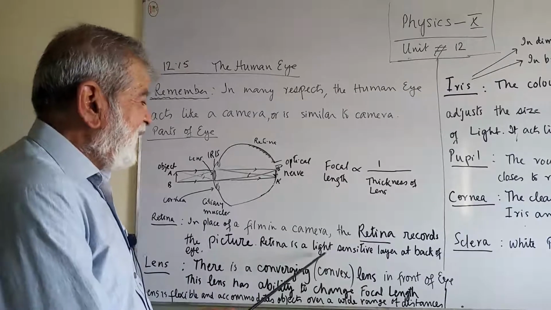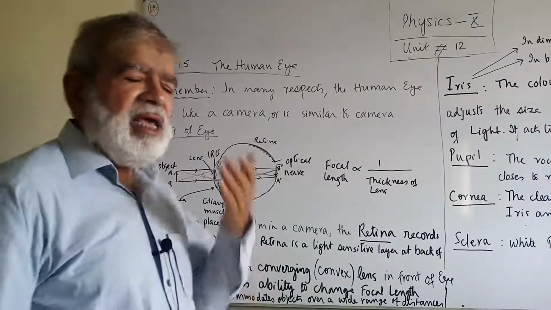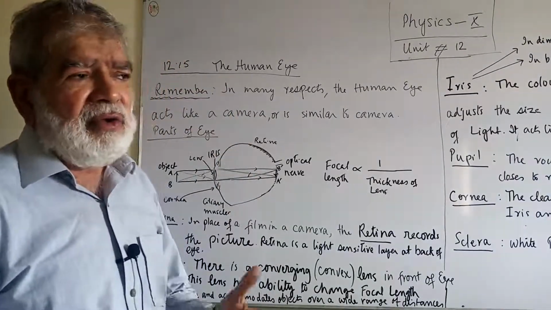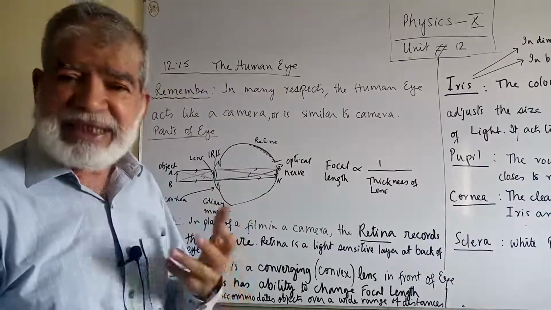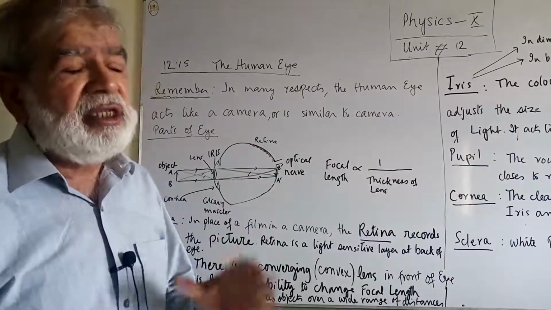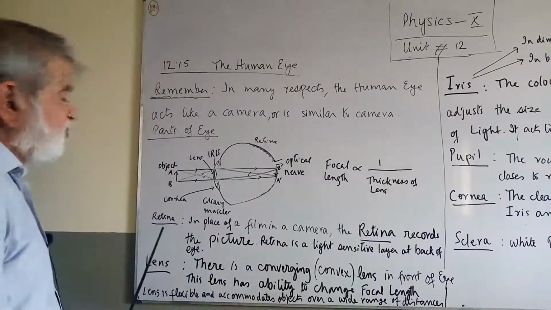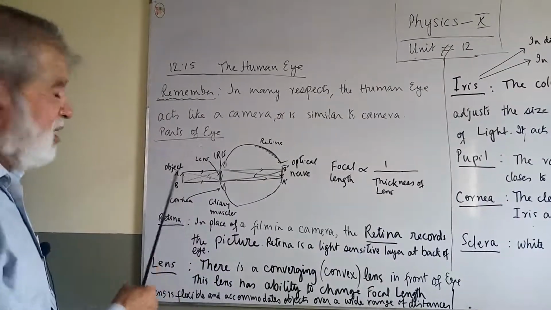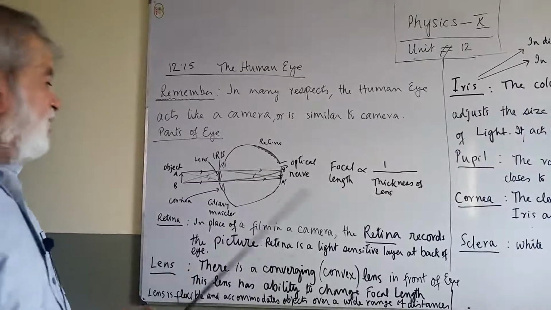Retina is a light sensitive layer at the back of the eye. आँख के पीछे रेटिना होता है और ये रोशनी जो अंदर आती है उससे सेंसिटिव होता है और जो ही उसको इम्पिंज करती है, the image is formed and is recorded. So the first part that I have talked about of the various parts of the eye is the retina, and the retina acts like the film in a camera.